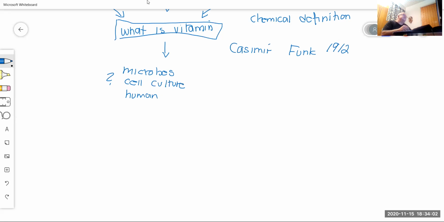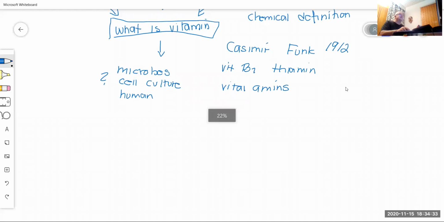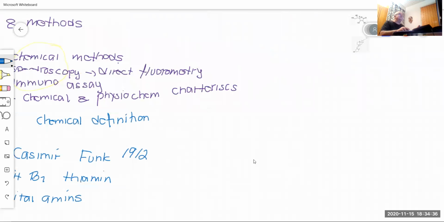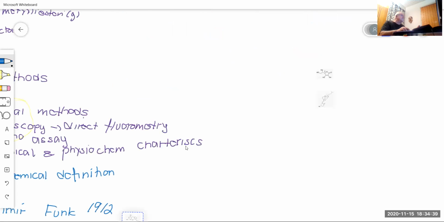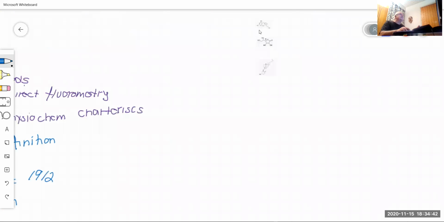So first vitamin which was found, vitamin B1, which is thiamine. So where this name came? Casimir Funk was talking about vital amines. So this, let's see what is the structure of that. I have it somewhere here. No, this one.